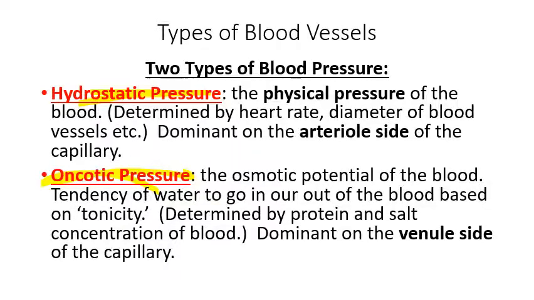So if the blood is hypertonic relative to the surrounding tissue, then water will diffuse through osmosis into the capillary and increase the blood volume. Right. I'll show you what happens here in a picture.